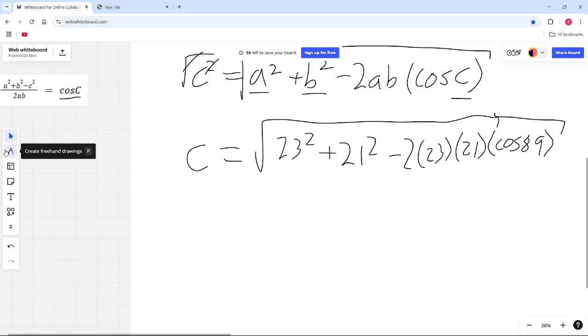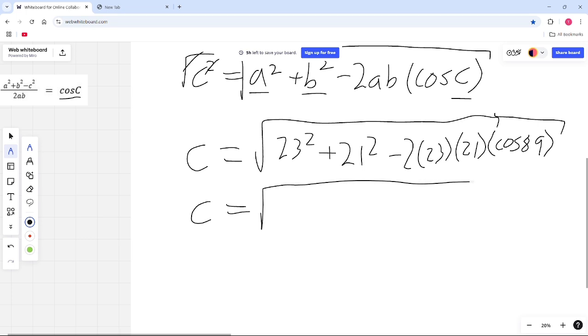Now you can obviously plug this entire thing into your calculator, or if your teacher preferred you to do it one term at a time, then you would be left with 529 plus 441 minus 16.86.